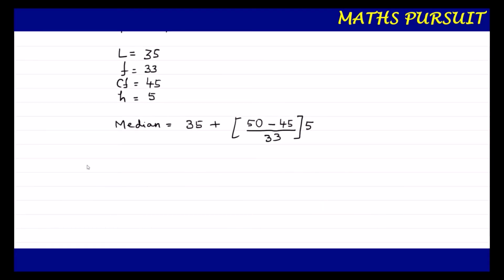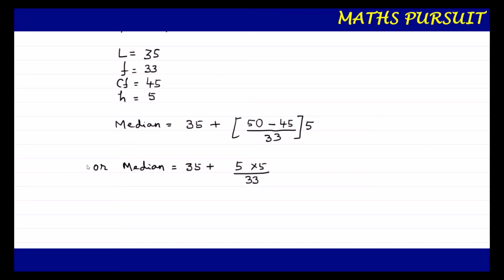Now I can write median is equal to 35 plus 50 minus 45, which is 5, into 5 upon 33. This is what we got: 5 into 5 upon 33.